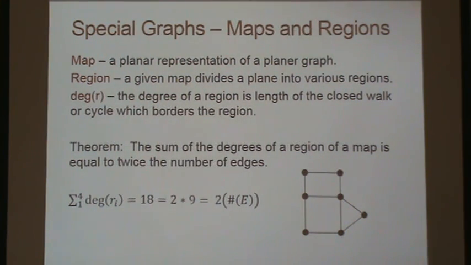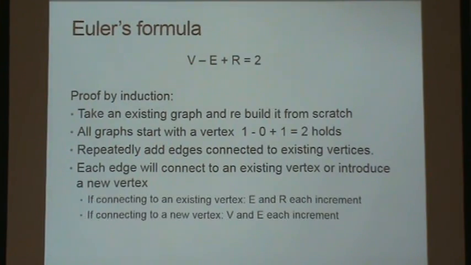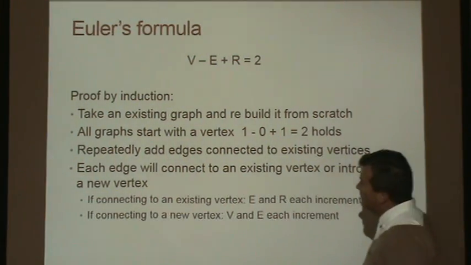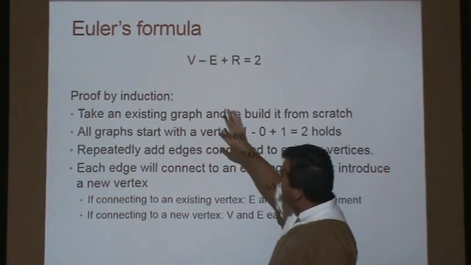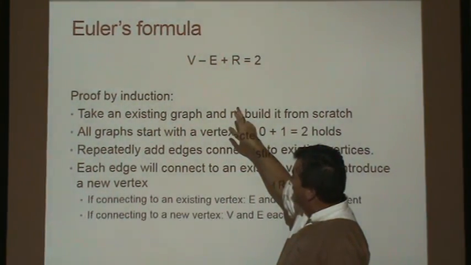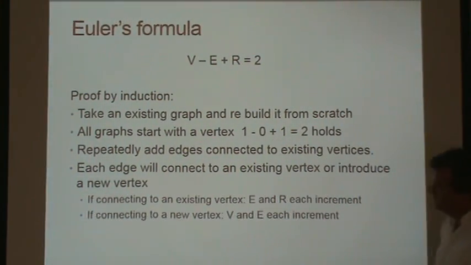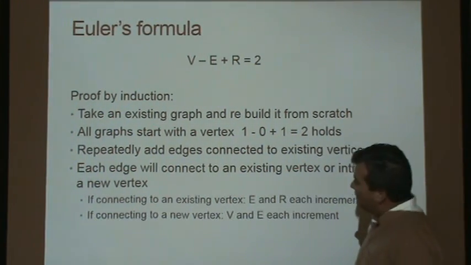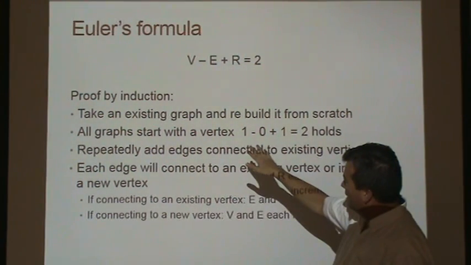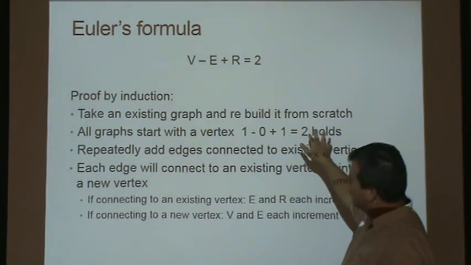Okay, then we get to Euler's formula for a graph. It says that the number of vertices minus the number of edges plus the number of regions will always be 2. And we can kind of prove this inductively by saying that we take an existing graph and we rebuild it from scratch.